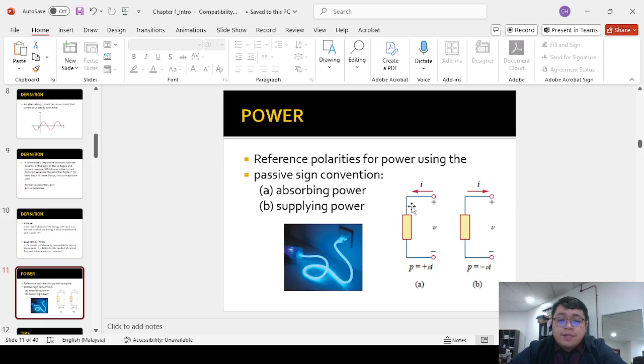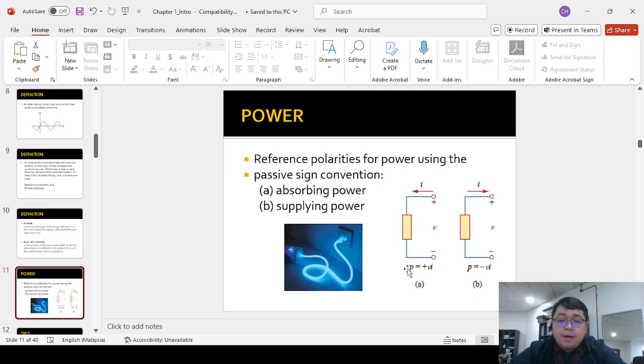The circuit direction here is the same. We have these 2 points, negative and positive. V is your supply, the supplying voltage. As you can see here, when the current goes through in a counterclockwise direction, it represents the absorbing power.